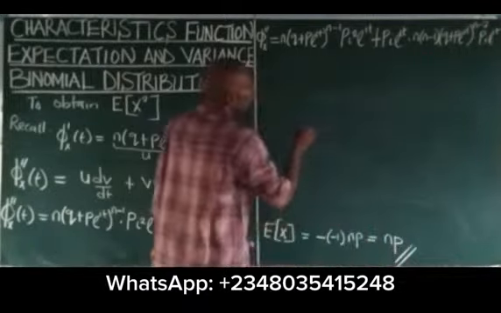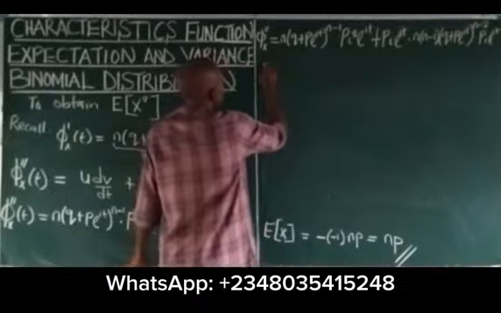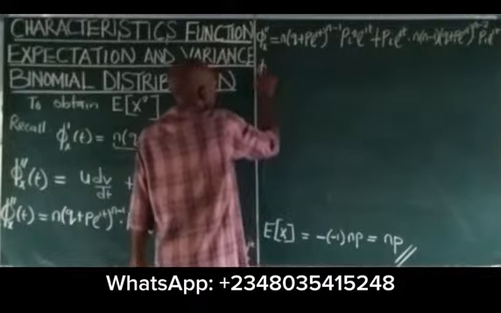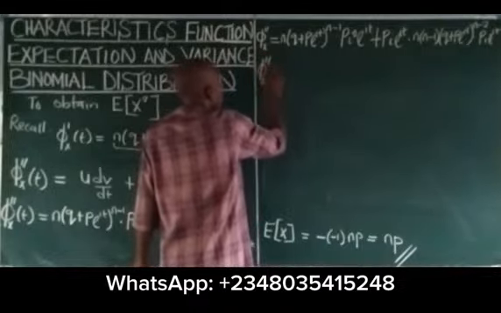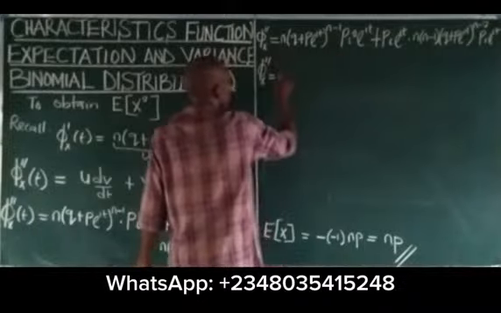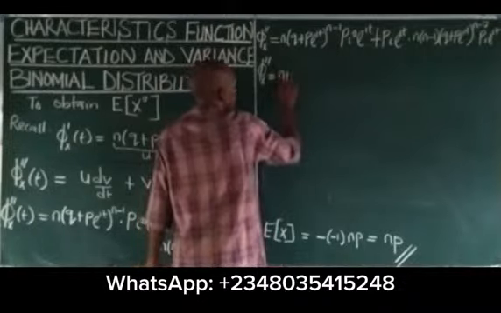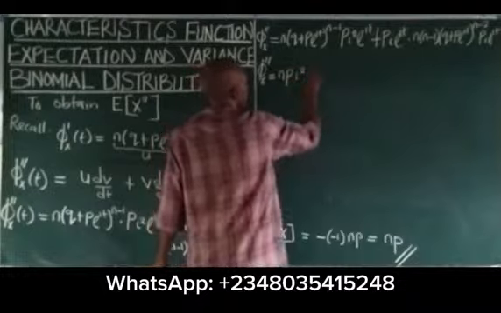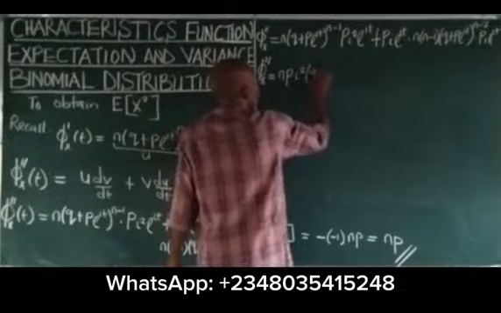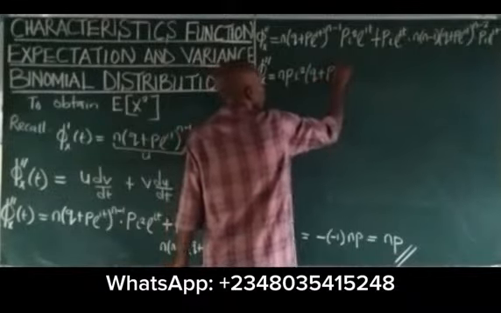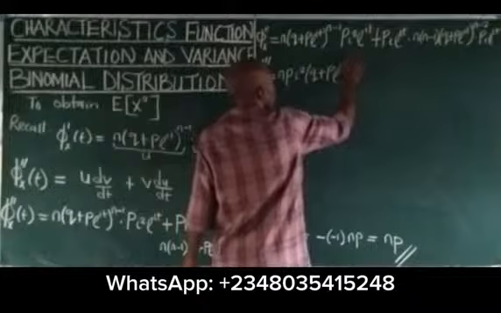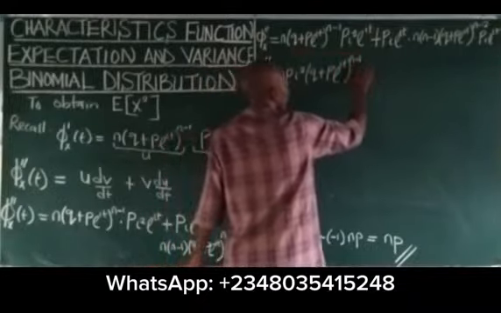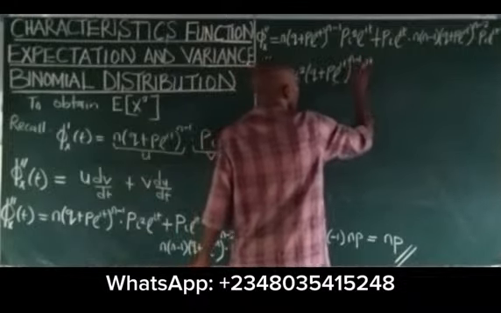So rearranging this, the p can come over here. We have n p i squared into (q plus p exponential it) raised to the power of n minus 1. Since this has moved over to this side, we only have exponential it here.